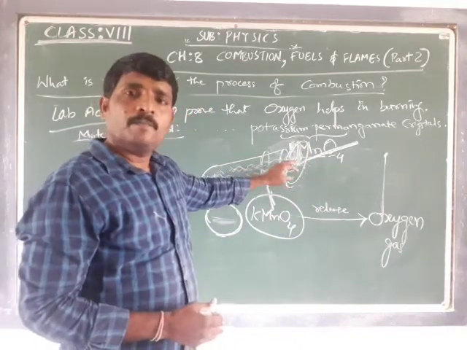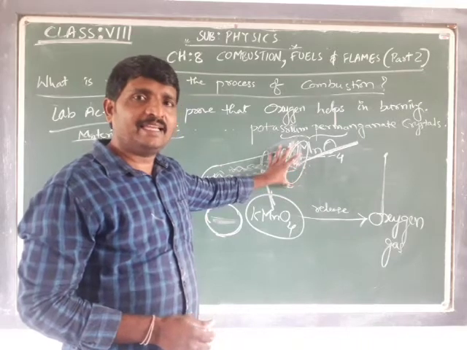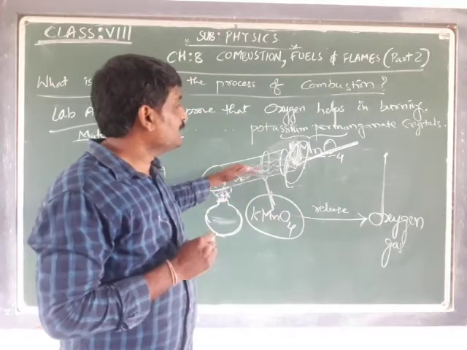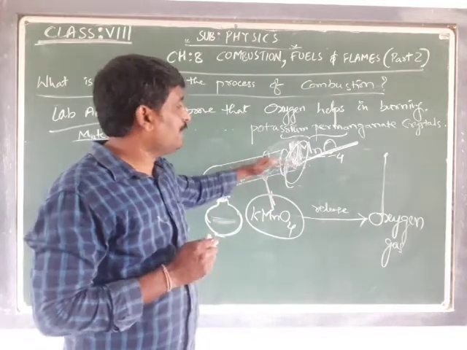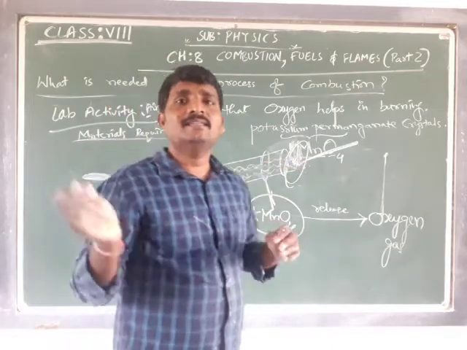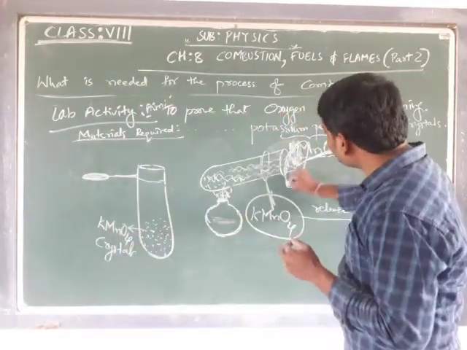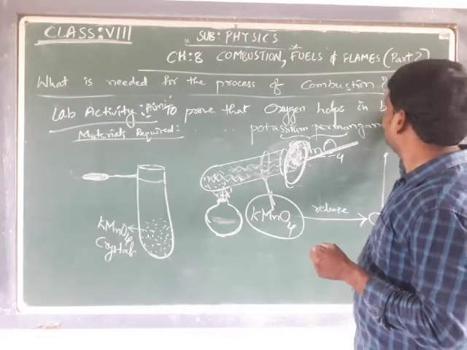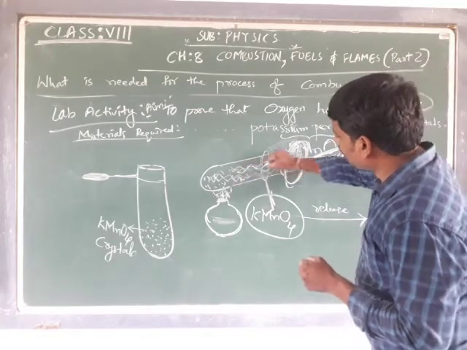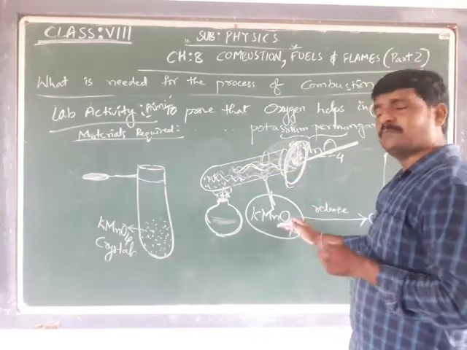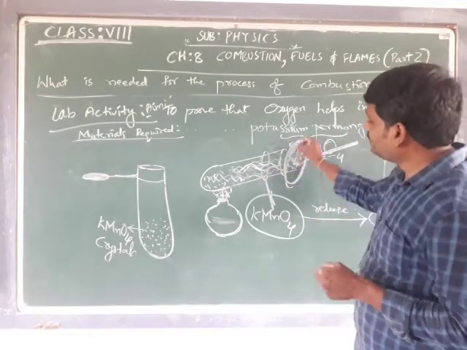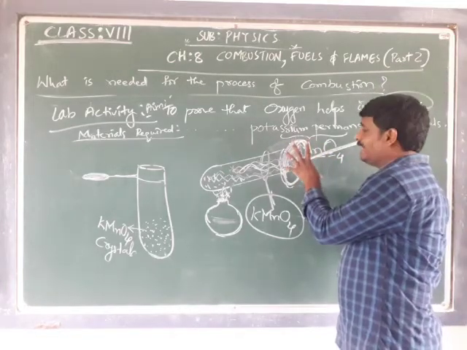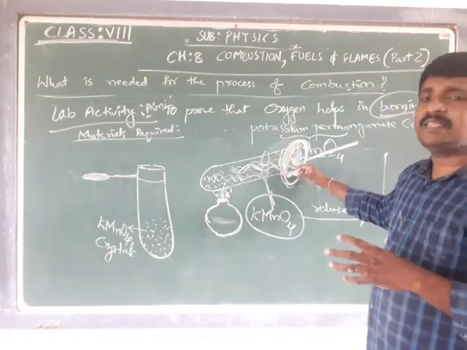The incense stick catching fire again is the evidence that the gas evolved from heated potassium permanganate is oxygen. This shows that for burning, for combustion, the oxygen liberated is helpful.